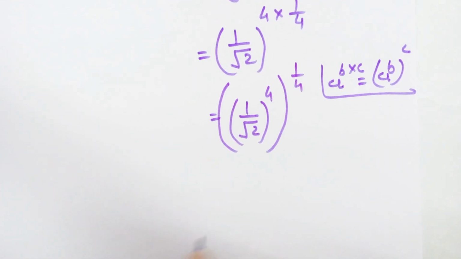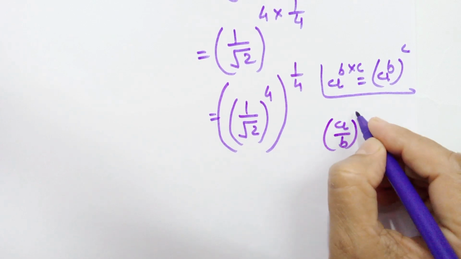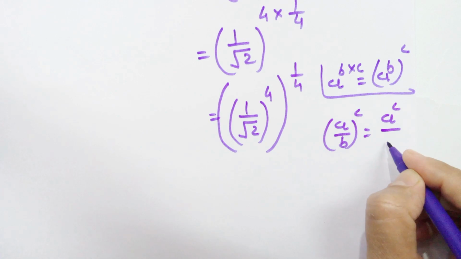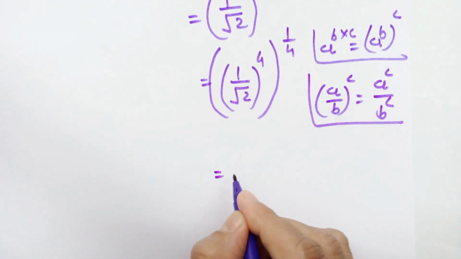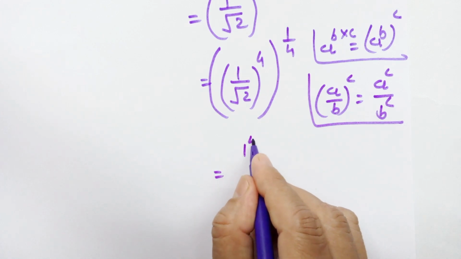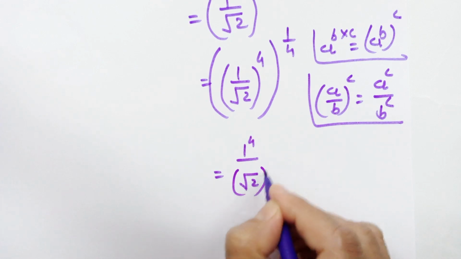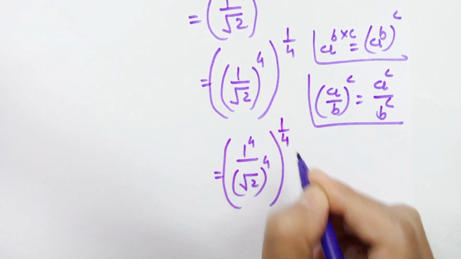Now if we have a upon b whole raised to c, then we can write a raised to c upon b raised to c. And by using this rule, we can write 1 raised to 4 upon under root 2 raised to 4 whole raised to 1 upon 4.